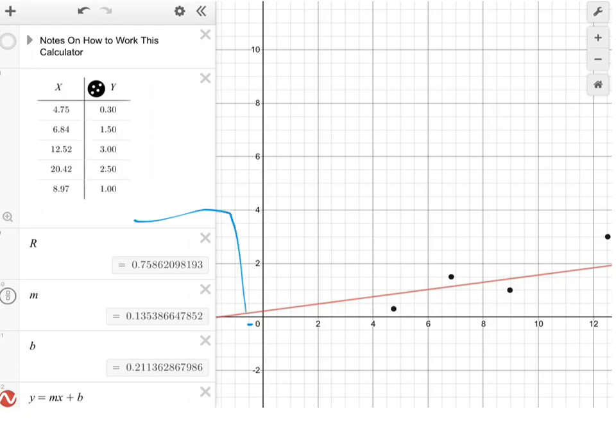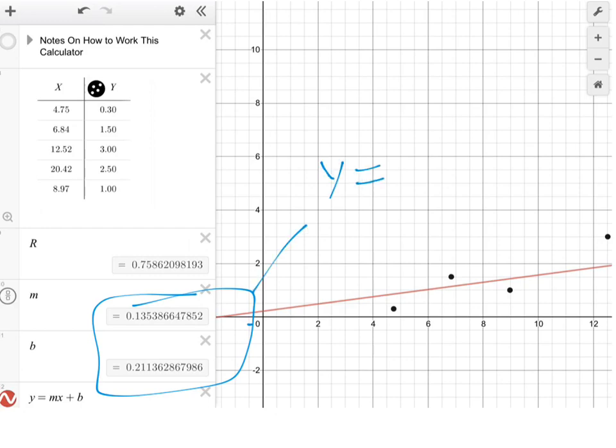To write that, you have to look down here at these numbers. It tells you M, it tells you B, and it tells you that y equals mx plus b, the equation of a line. We're going to write it as our line of best fit, which is going to be y equals, and then m is this number.